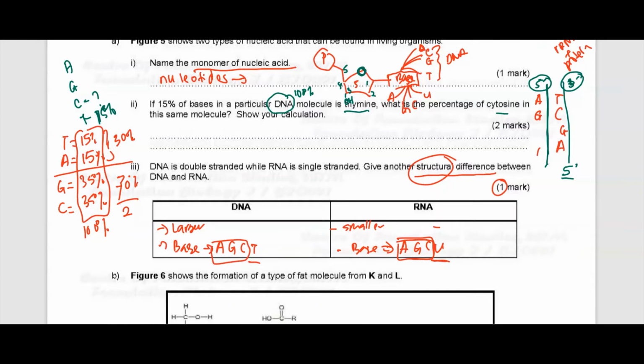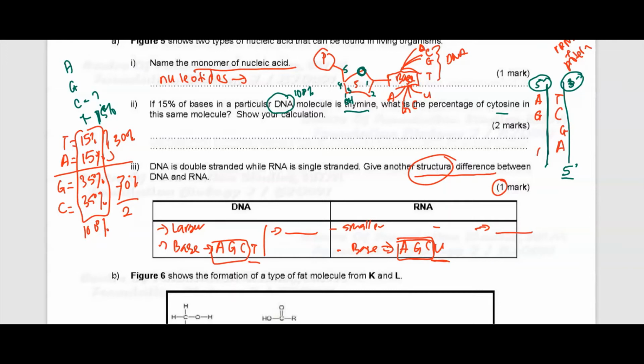And then another thing that you can also write as one of the structural differences is in terms of the 5 carbon sugar. For DNA, the 5 carbon sugar will be deoxyribose. And as for RNA, the 5 carbon sugar will be ribose.